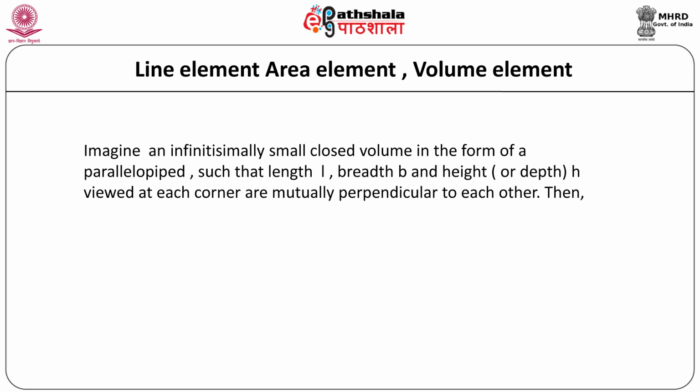How to obtain these expressions? For understanding the concept, imagine an infinitesimally small closed volume in the form of a parallelepiped such that length L, breadth B and height or depth H, viewed at each corner, are mutually perpendicular to each other.